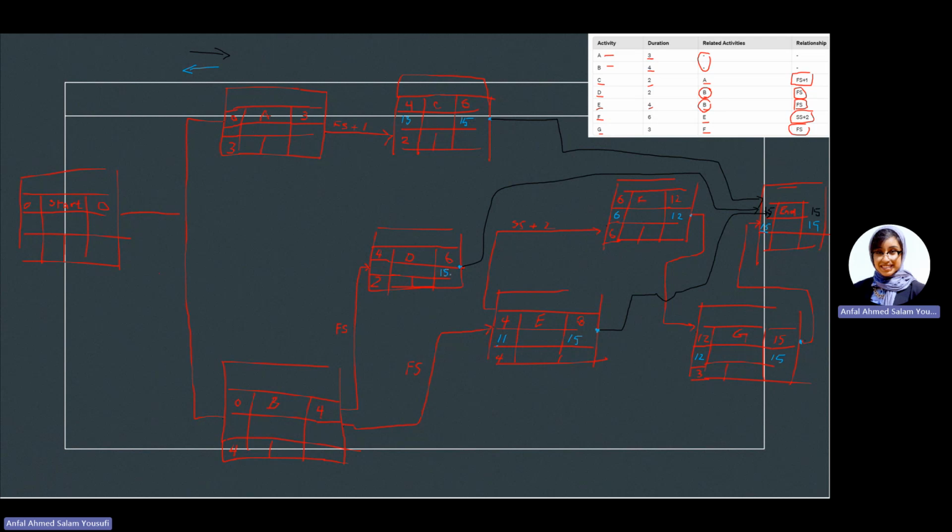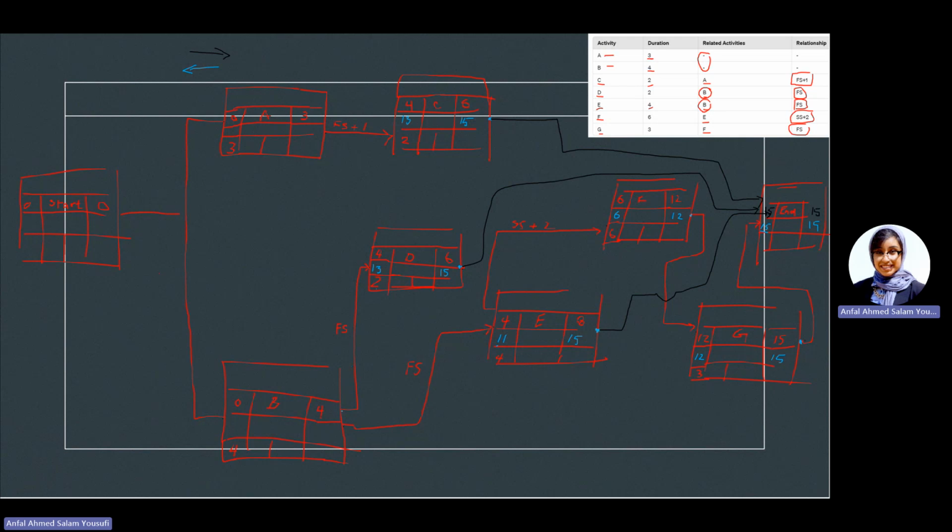I know the numbers are very huge, but because I have a small activity, the durations and the activities are less for the purpose of explaining this short course. Anyway, so 15 minus 2, that would give you day number 13. That is the latest you can start.